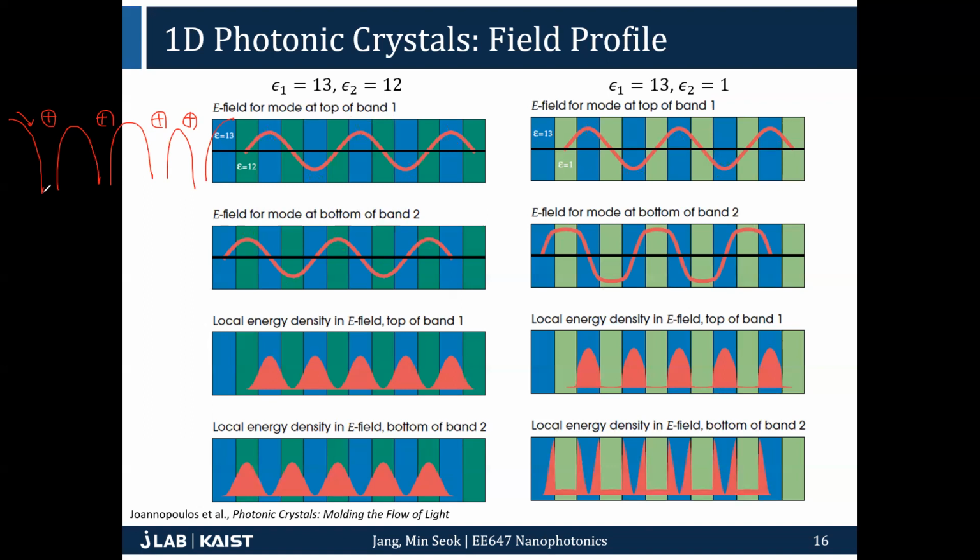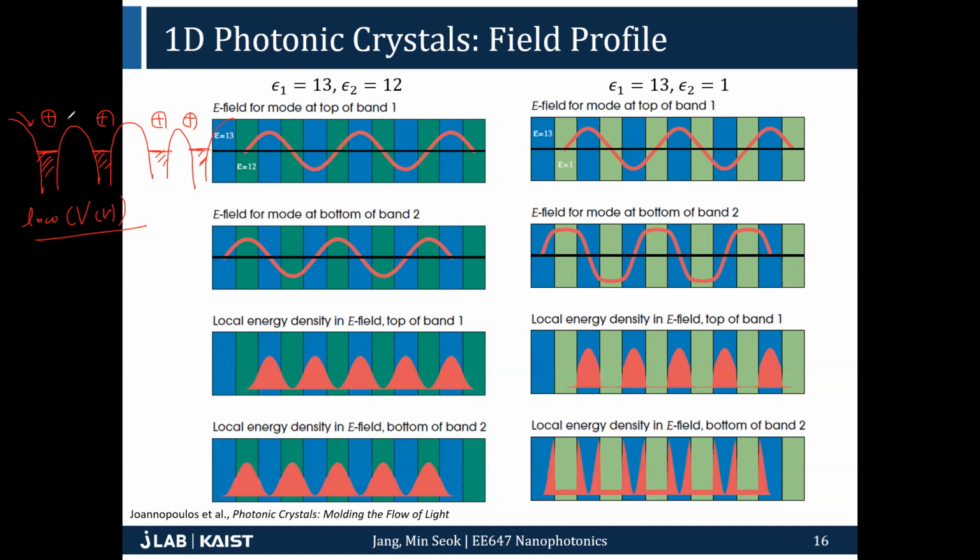In the valence band, electrons are localized around the lattice points, around the atoms, so the electron probability distribution tends to localize at low potential energy.